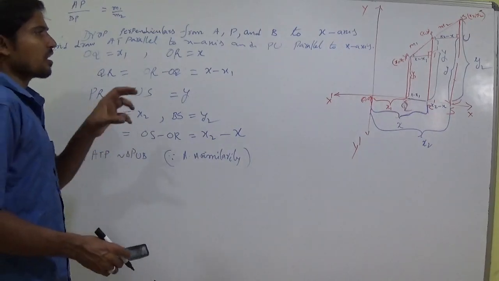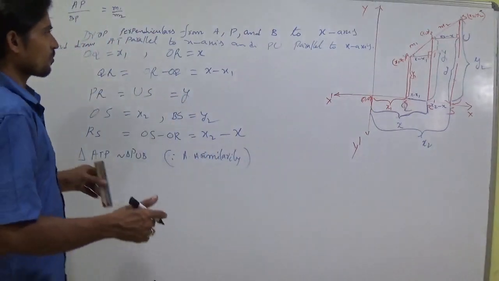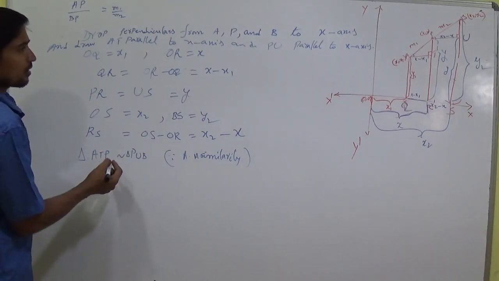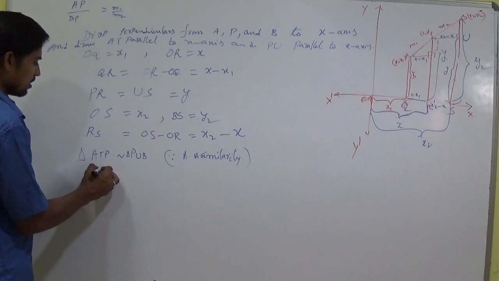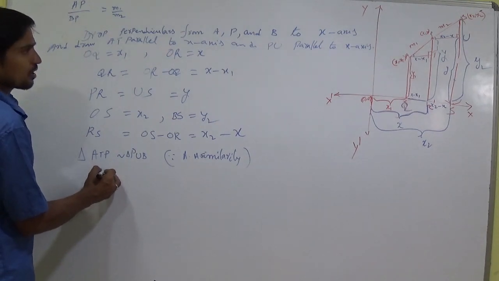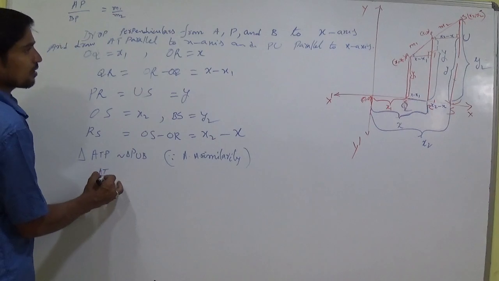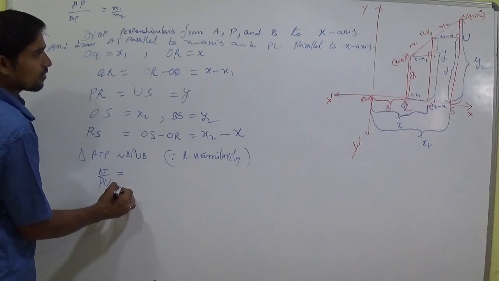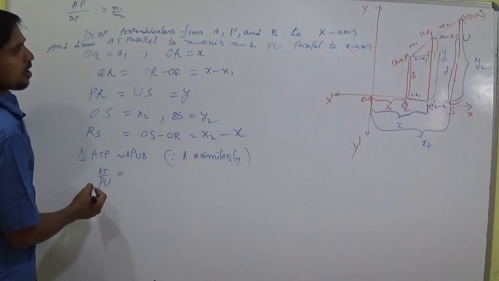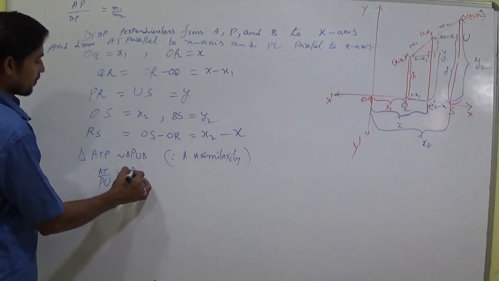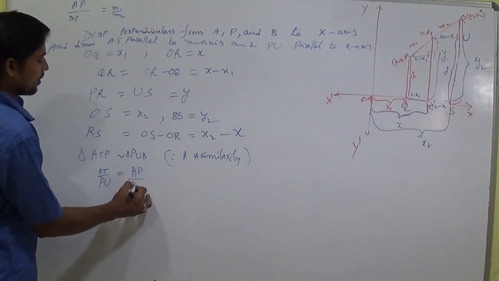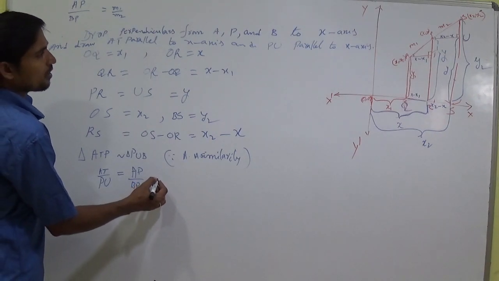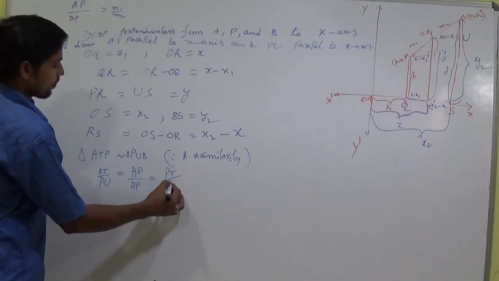Then corresponding sides are proportional: AT by PU equal to AP by BP equal to PT by BU. Clear?